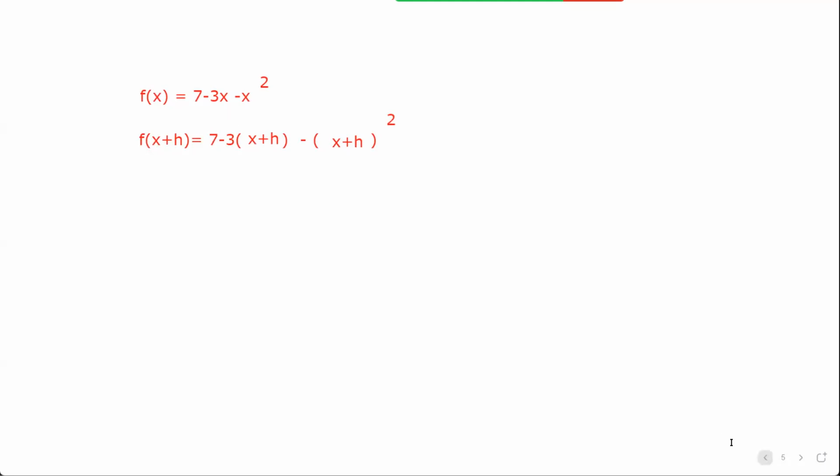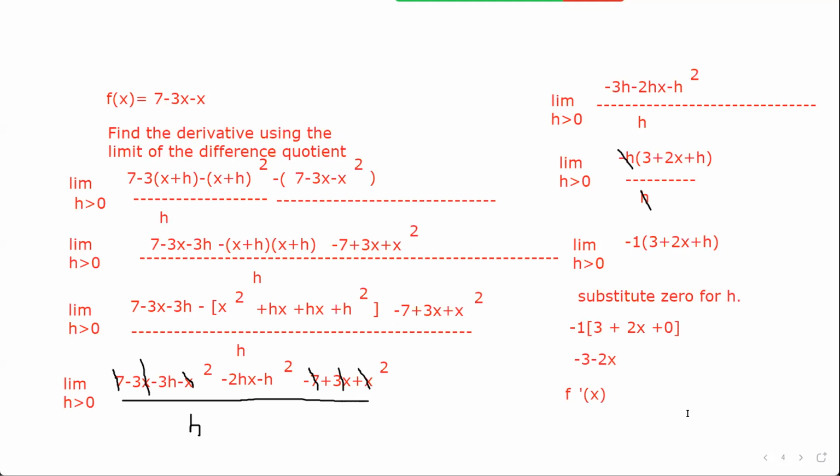So you use the limit of the difference quotient. So f prime of x here is -3 minus 2x. Okay? That's number 1. That's a lot.